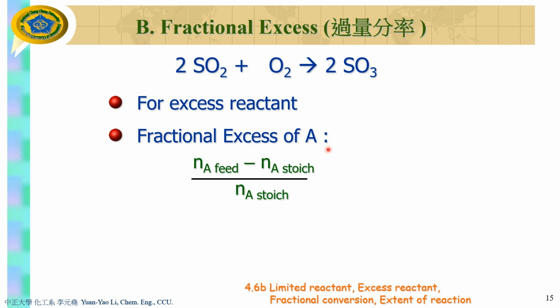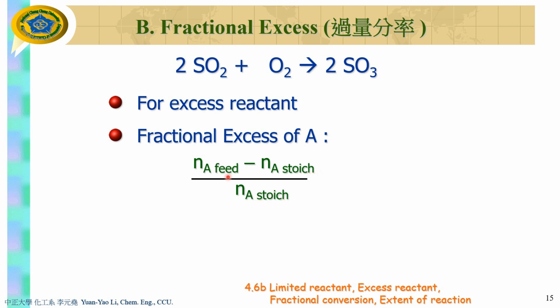No? Please, this is very easy. Again, I desperately want to give you this point. If I have 2 moles of SO2 and 2 moles of oxygen, what's the fractional excess of the oxygen? This is fed minus stoichiometric, divided by stoichiometric.